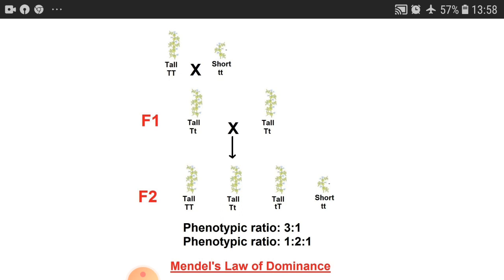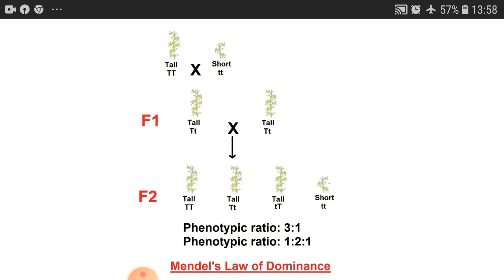So he cross-pollinated a pure tall pea plant with a pure dwarf pea plant. The plants which he took from where he started his experiment, he called them the parental generation. Nowadays we represent it by the symbol P. He collected the seeds produced by this cross and grew the plants from them in the next season.